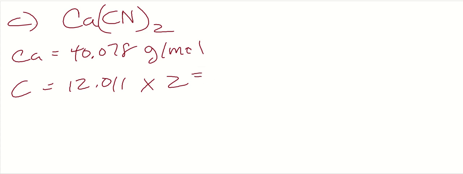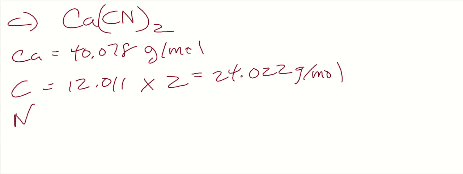Times 2, 24.022 grams per mole. Right, then the nitrogen, there's 2 of them as well. Nitrogen is 14.01. I'm just going to start rounding to 4 digits. Times 2.